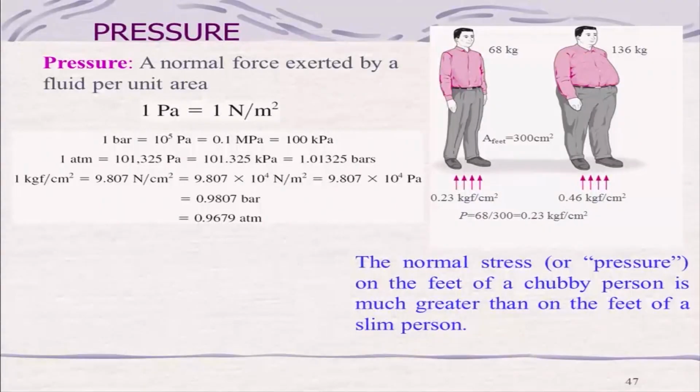The gravitational force is the same, that is mg, right. Here we call it normal stress, because it is applied perpendicular to the area. The pressure of a chubby person on 1 foot is much greater than that of a slim person.